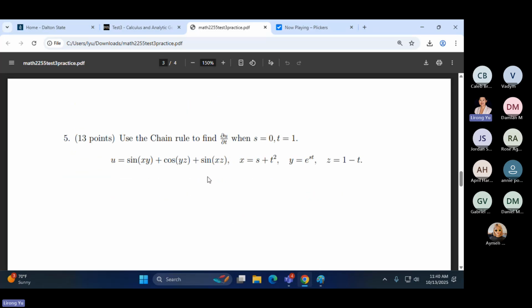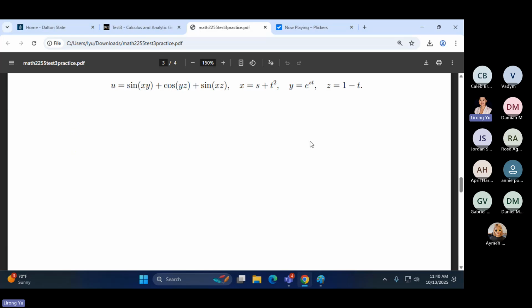Number 5 is using chain rule to find the derivative of the function with respect to one of the lower level variables. So u is a function of x, y, z, and then x, y, and z are functions of s or t or s and t.